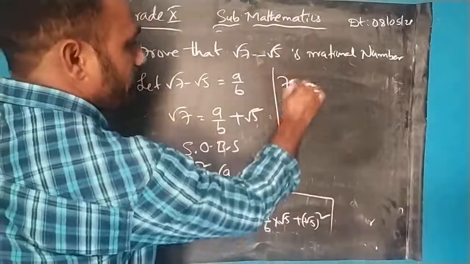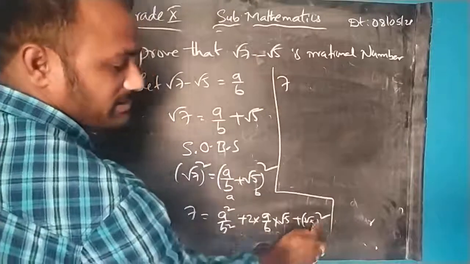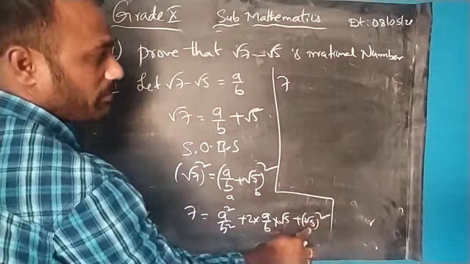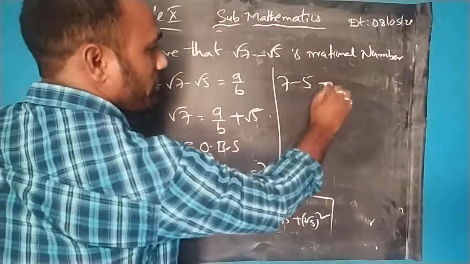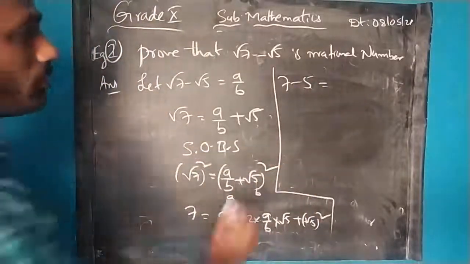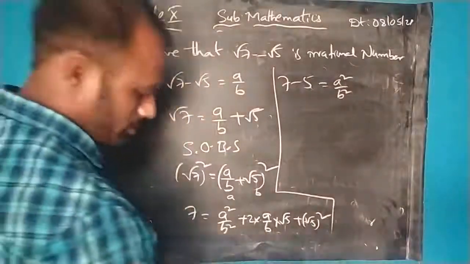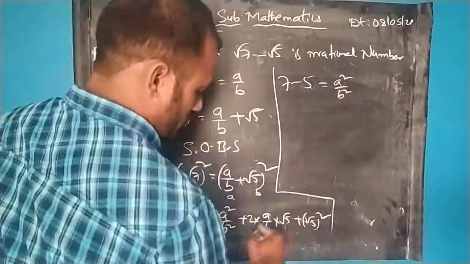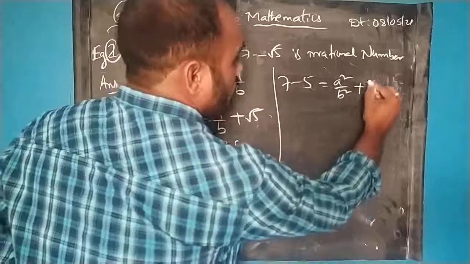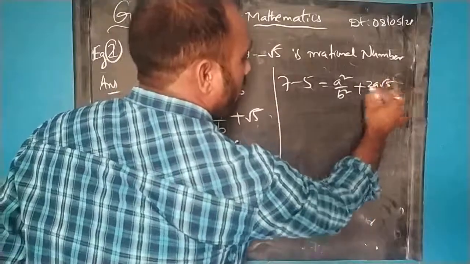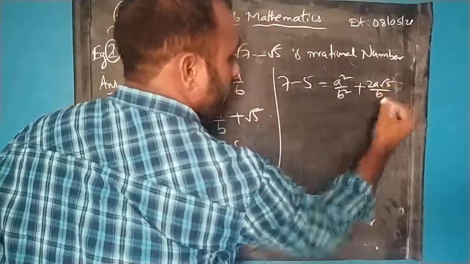So here 7, here root and square get cancelled, 5 will be there. Plus 5 coming this side means minus 5 is equal to, what is left here? a square by b square plus 2a root 5 by b.